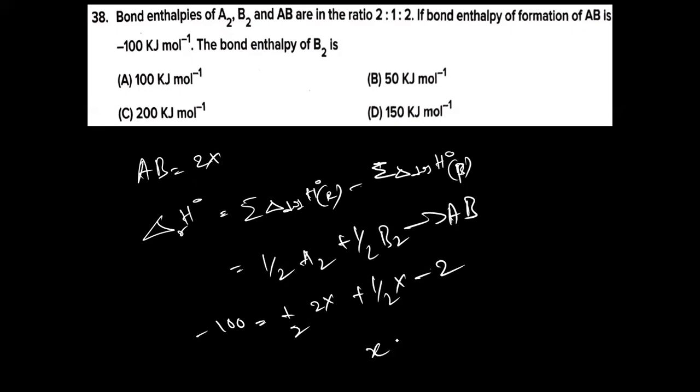On simplification, x is 200 kilojoules per mole. So option C.